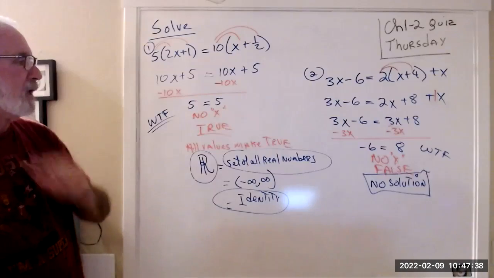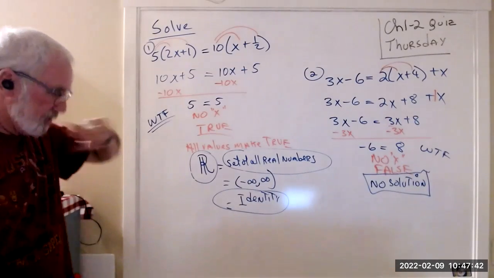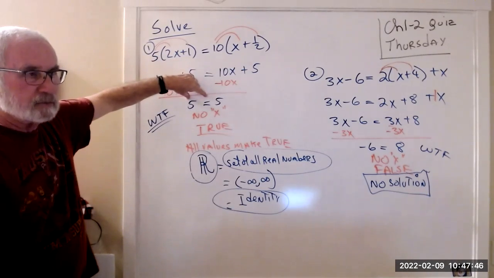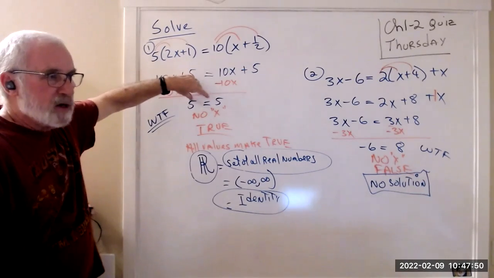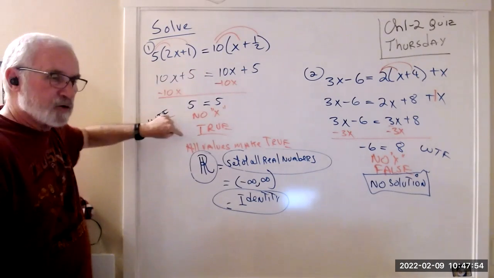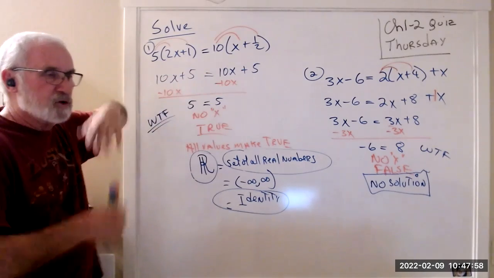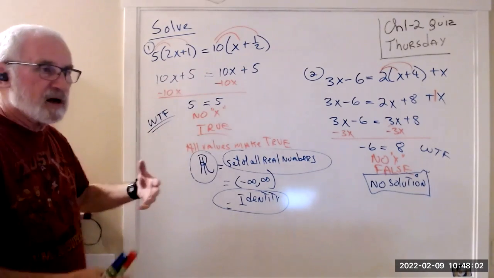One last thing, and then I'll open it up for a few questions for clarification. Guys, it didn't have to be 5 equals 5. It could be 7 equals 7, -2 equals -2. As long as these two are the same, it's true. It's not just 5 equals 5, 2 equals 2, 11 equals 11, 0.5 equals 0.5.